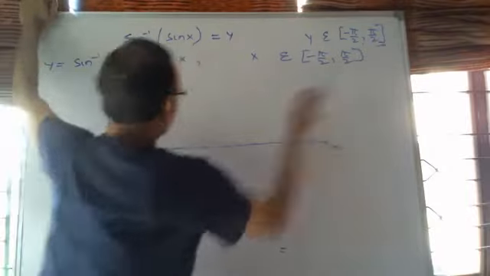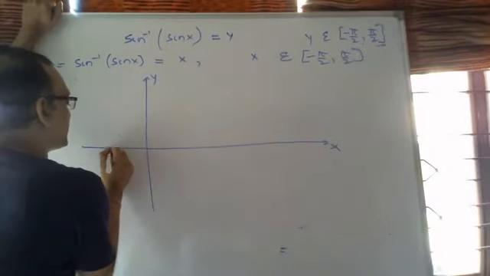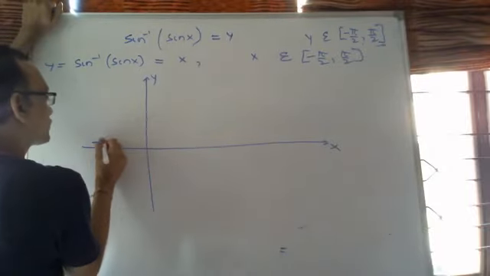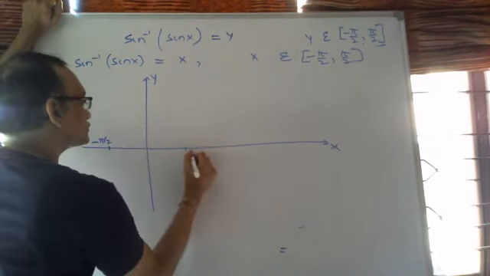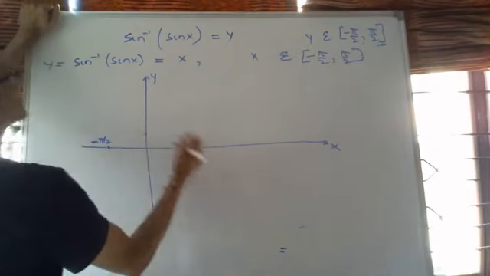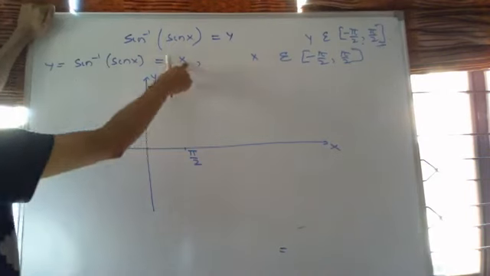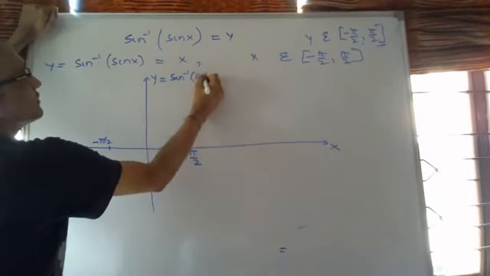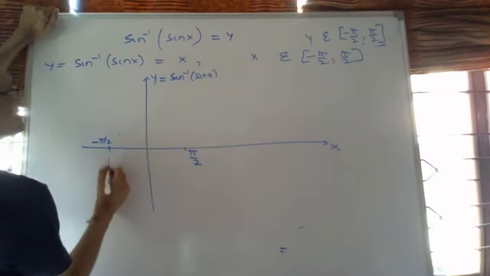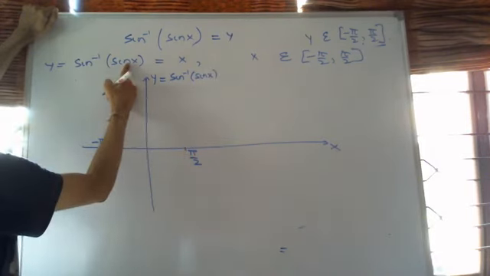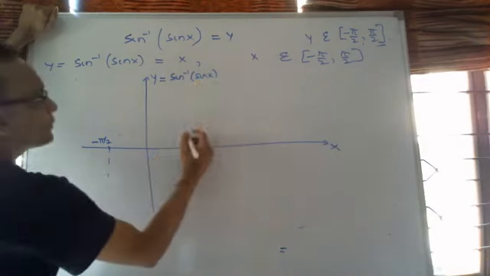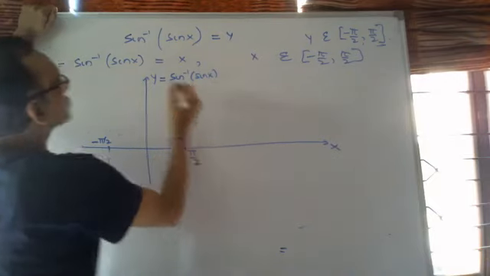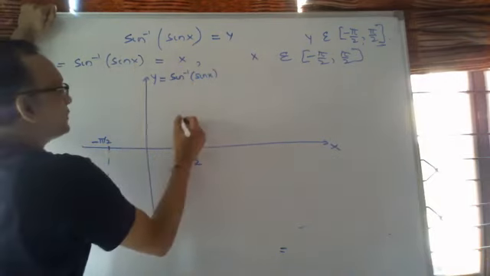When x lies in the interval minus pi by 2 to plus pi by 2, y is equal to x. Y is sine inverse sine x, so y will be x, right? At x equal to pi by 2, y is x, so y will be pi by 2.